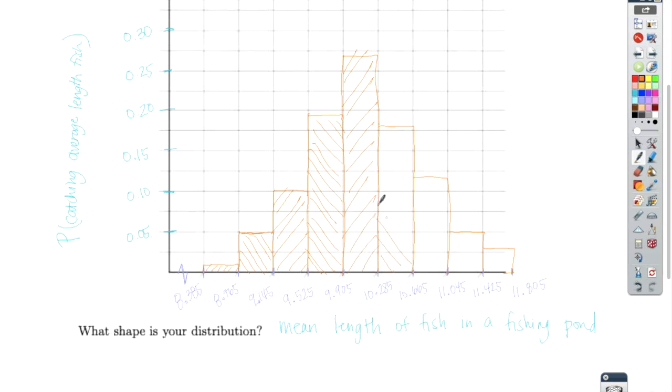Okay, you should recognize the shape of this distribution because it's our favorite shape. It looks vaguely normal. It looks generally bell-shaped. Turns out this is not a coincidence.